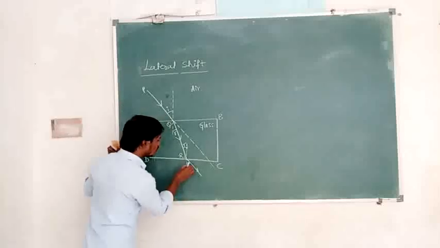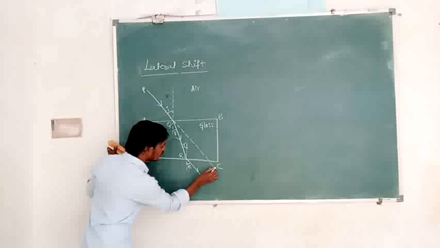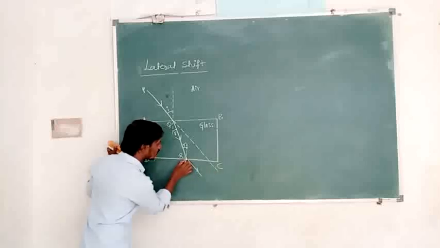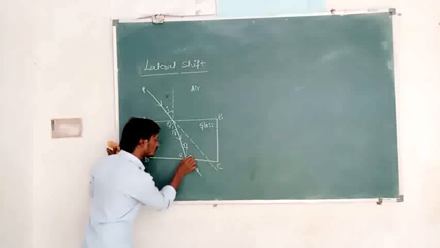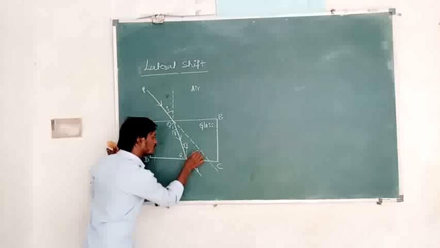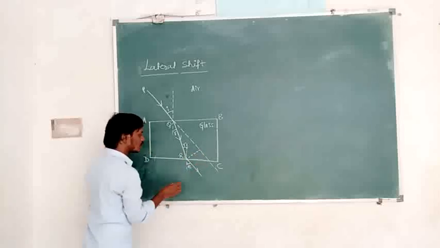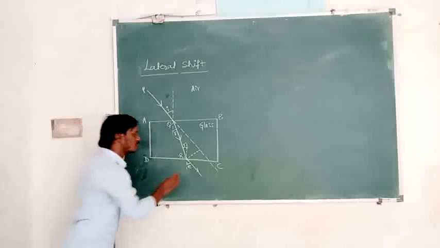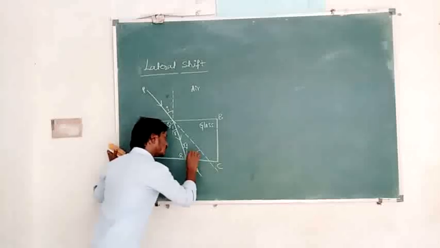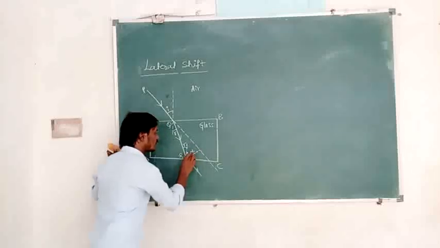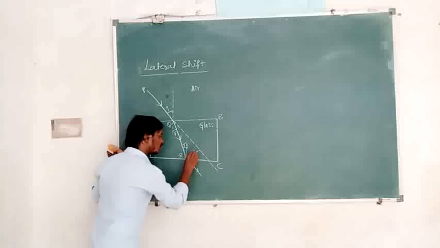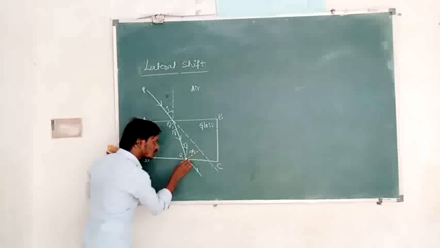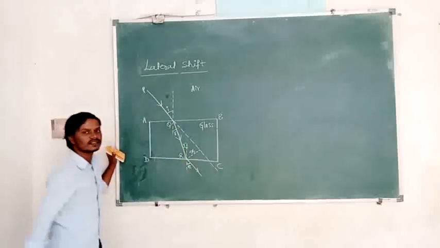So the perpendicular distance between the extended incident ray and the emergent ray is called lateral shift. I will take lateral shift as x here.